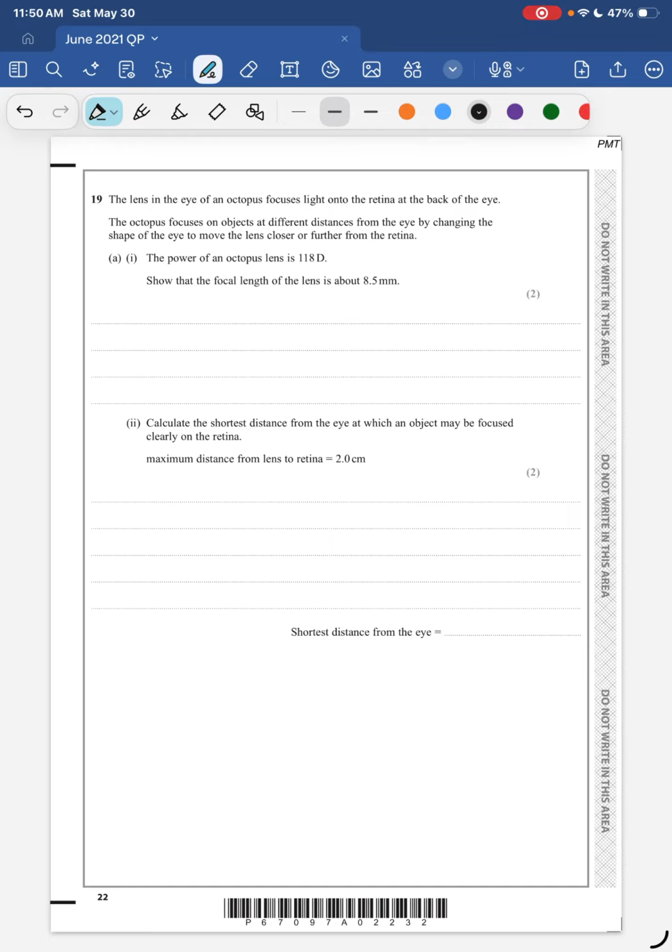Okay. Show that the focal length of the lens is about 8.5 millimeters. So F is 1 over the power of the lens. So 1 over 118 diopter, which yields 8.47 times 10 to the negative 3 meters, which is about indeed 8.5 millimeters.